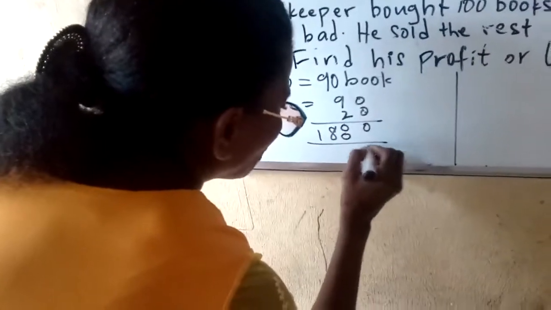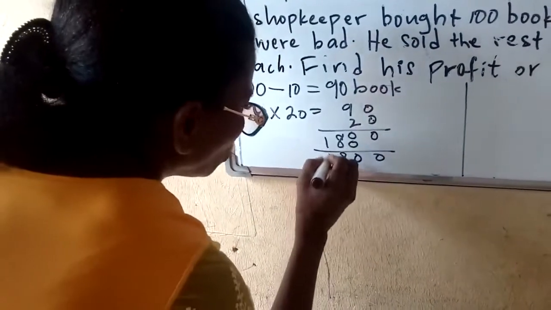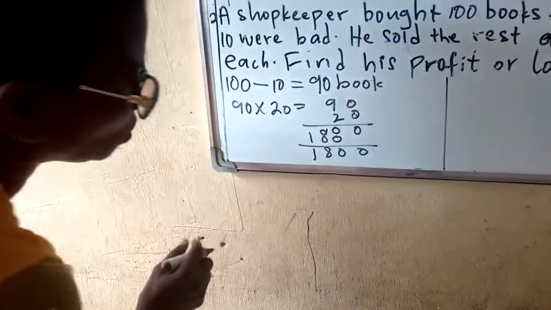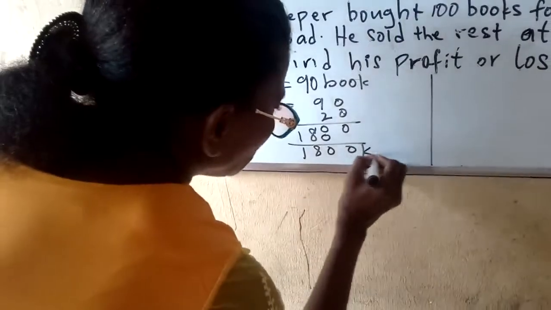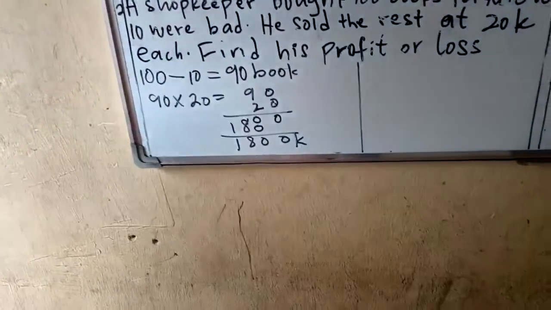We bring down 0, 0, 8, 1. You can see that it's now 1,800 kobo.